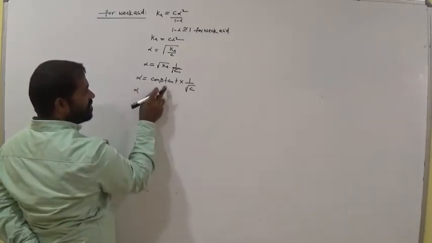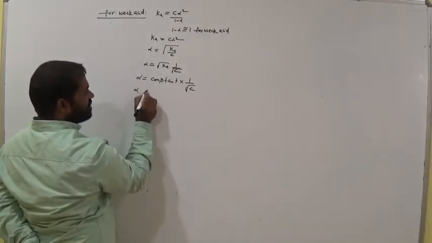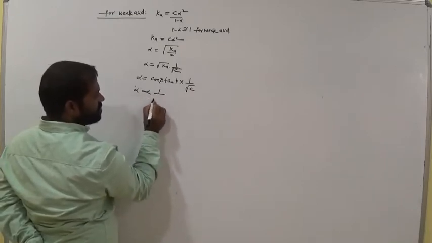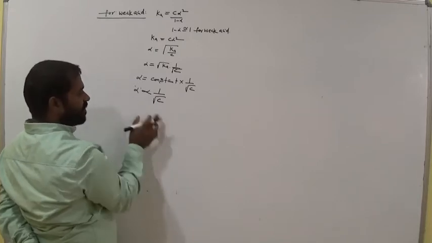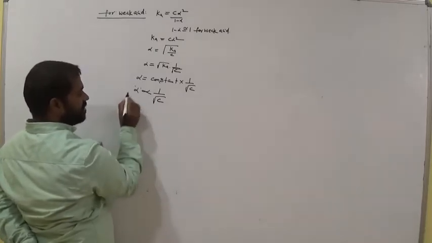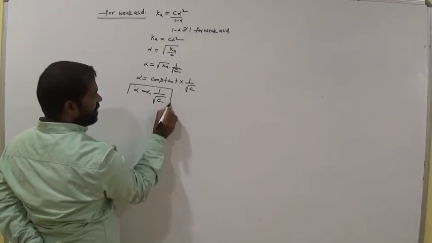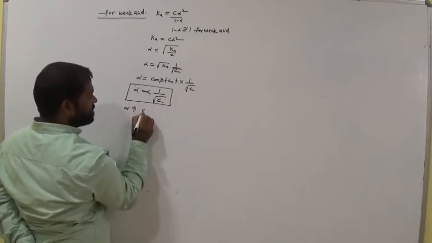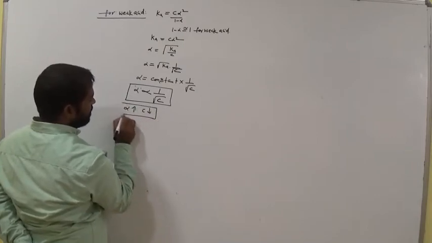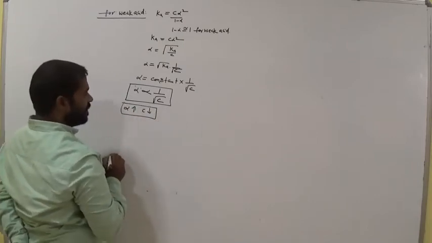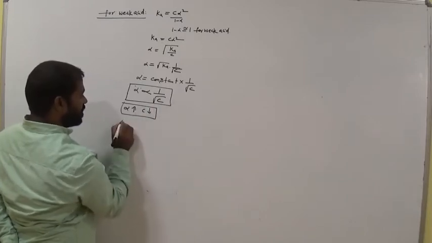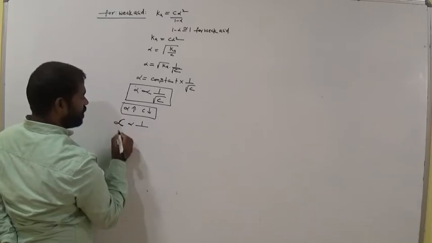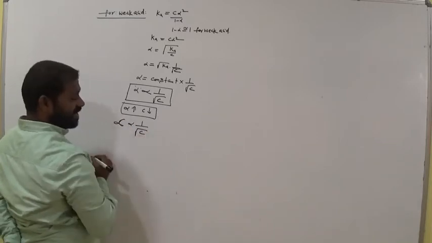Now, removing the constant, alpha is inversely proportional to the square root of C. That means alpha increases as C decreases.